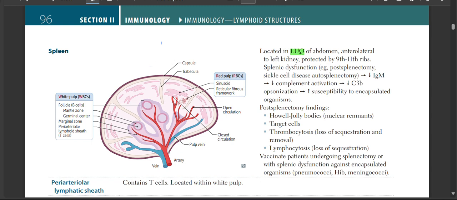Now, let's say that you have a decrease in IgM production. A decrease in IgM production means that you won't be able to opsonize these bacteria properly. And if you cannot opsonize these bacteria properly, what do you think will happen to the immune system? Will it work at the same efficiency, or will the efficiency go down?